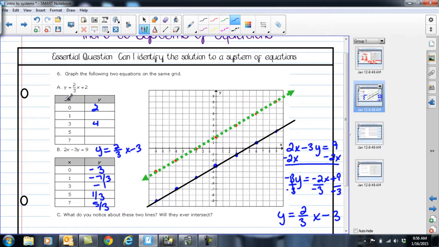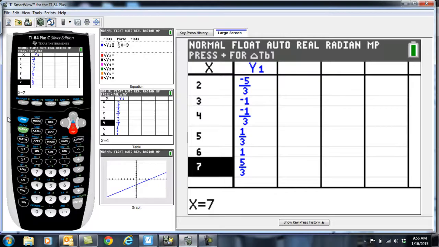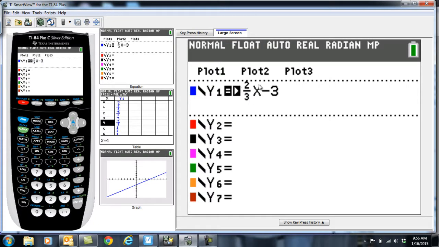So now let's do the other one, the 2/3 x plus 2. So go back to my calculator and y equals, I have the 2/3 x already. So I'm just going to press my arrow key till I'm over here on the minus 3 part, and I'm going to change that to a plus 2. I'm just going to type over it. It will change it. Then you do it again. Second graph will give you the table.